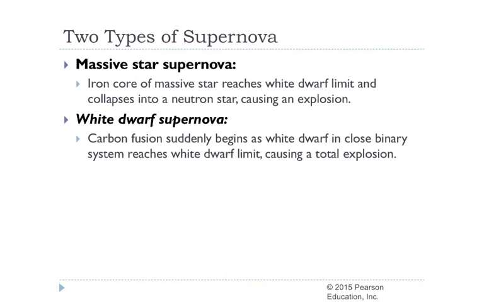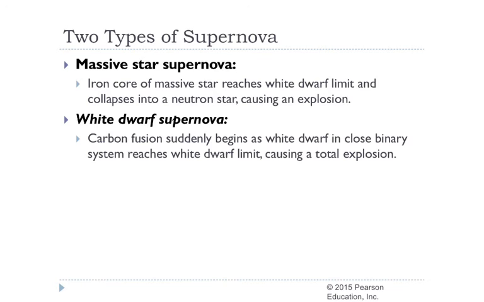And so what could happen is that in a nova, there'll be an explosion, but the white dwarf will be left intact. If it steals more matter, it could also have a supernova, and that would make the white dwarf completely disintegrate.